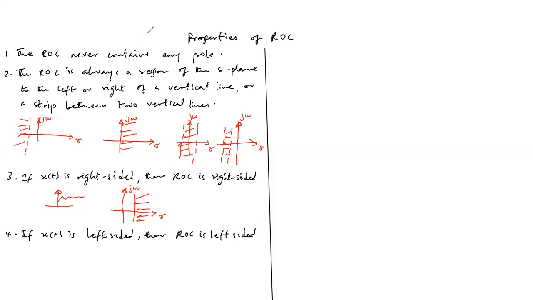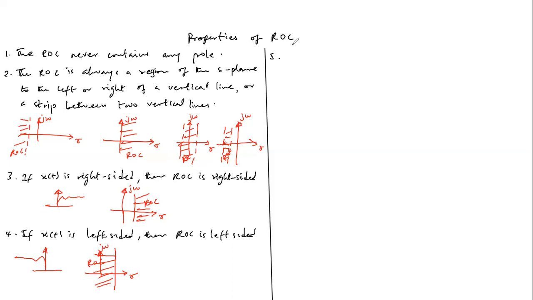So let's assume the signal is left-sided, then j omega sigma should be left-sided. ROC will be left-sided. These are the regions of convergence, okay? ROC. Region of convergence.